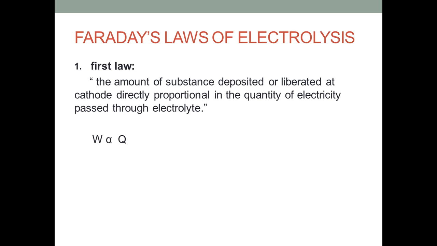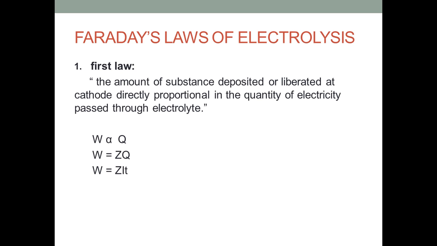So W is directly proportional to Q, and to remove the proportionality sign, we have to put a constant here, that is Z. What about this Z? Z is the electrochemical equivalent, from the electricity chapter of class 10. Q can be replaced by IT. So the formula becomes W is equal to ZIT, which can also be remembered in common language as ZIT.